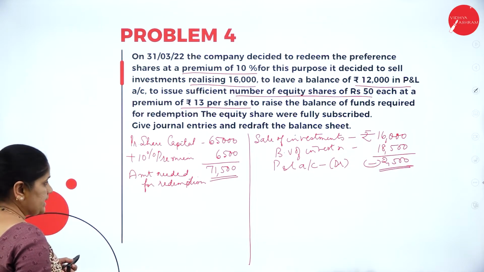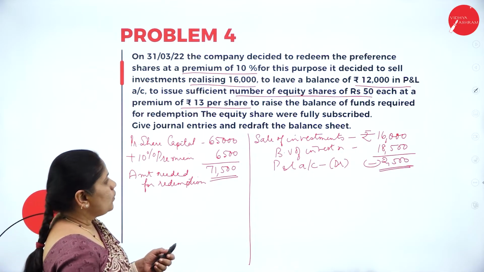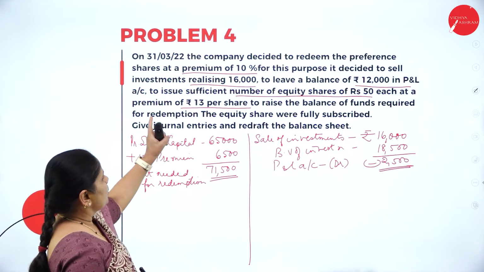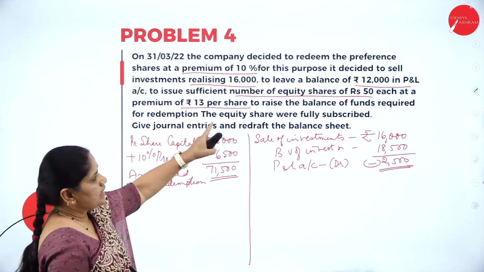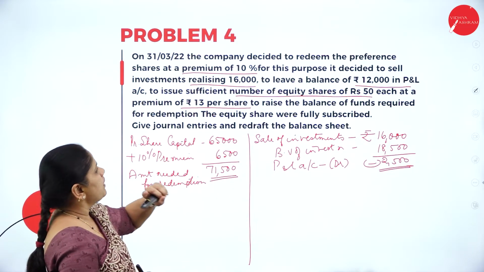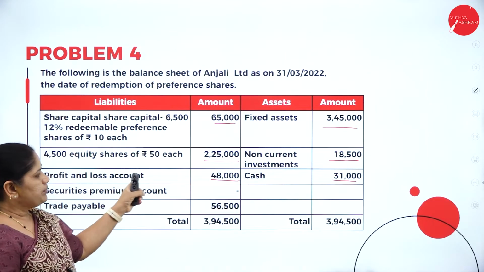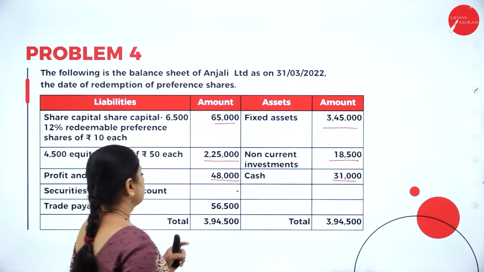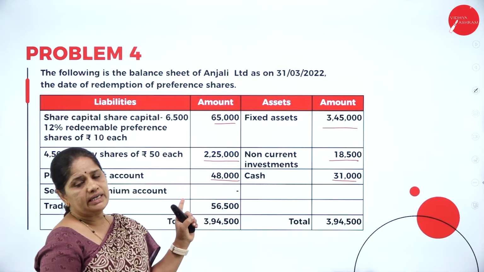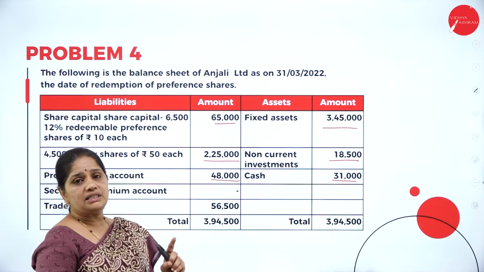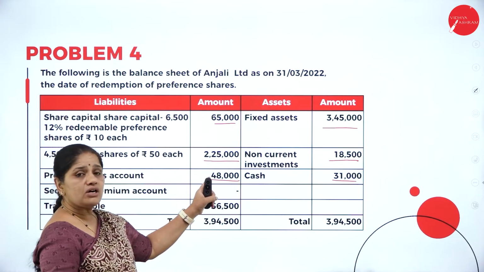Now the next step: they have told to leave a balance of 12,000 in profit and loss account. What is the balance here? 48,000. So they need a balance of 12,000.